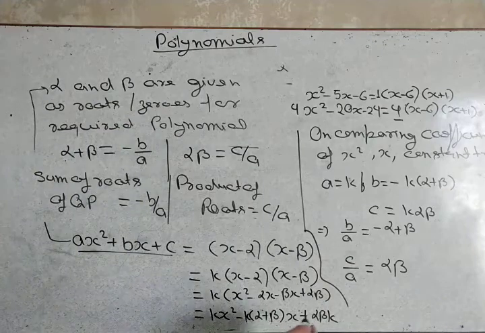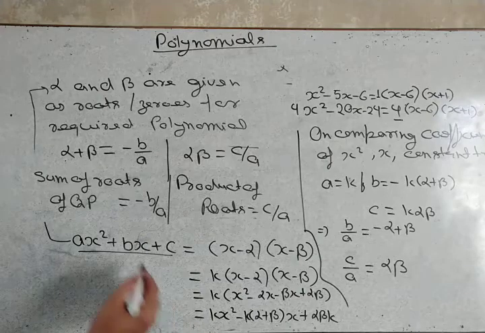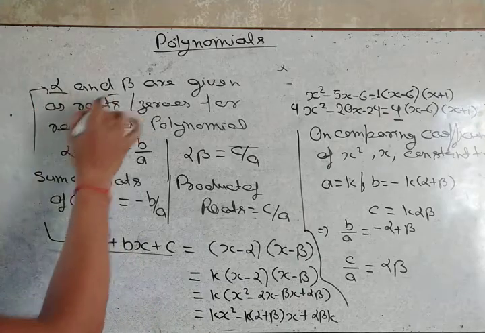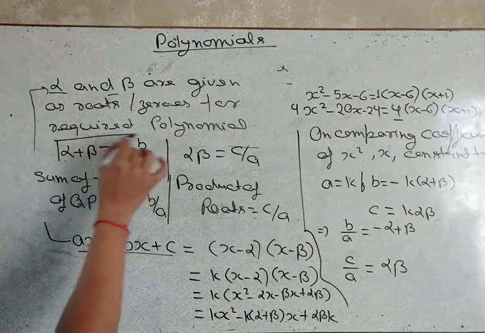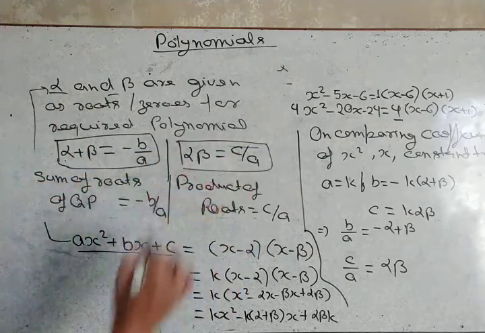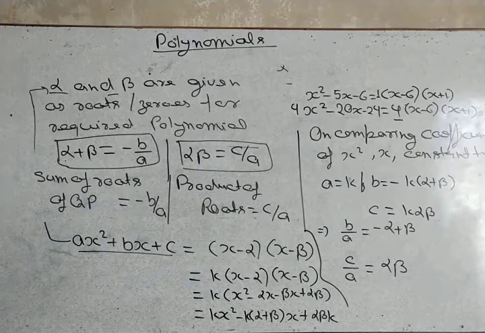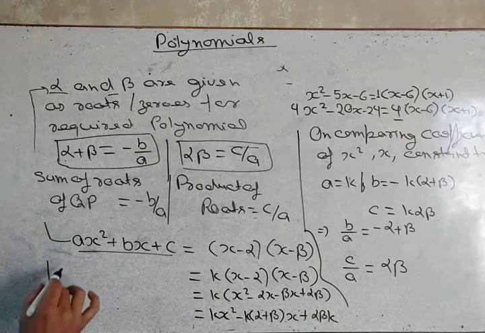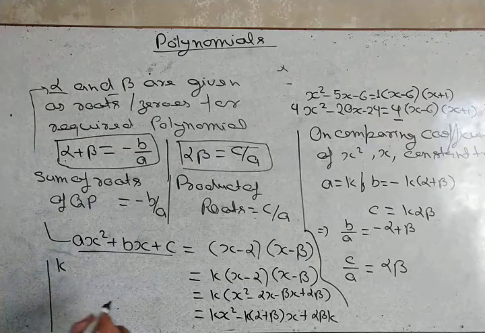And from here, what is the equation? This is the roots. We can derive alpha plus beta like this, and our polynomial is this. What is the polynomial? K can be taken as one or anything.